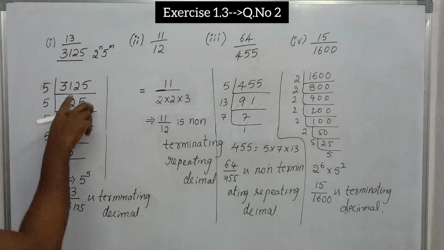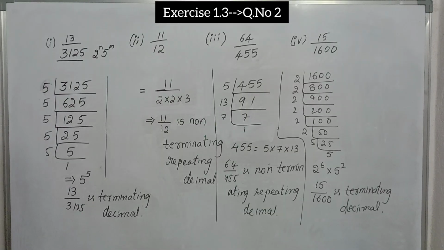Here we have 5 power 5, and 2 power 0, because 2 is not there.